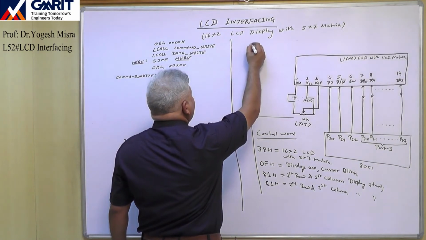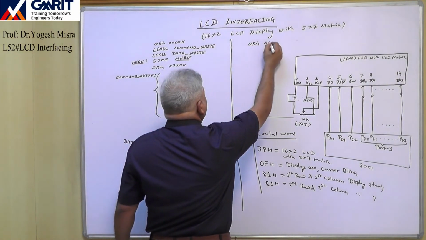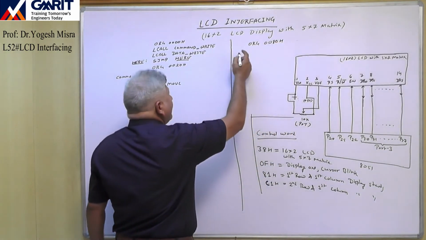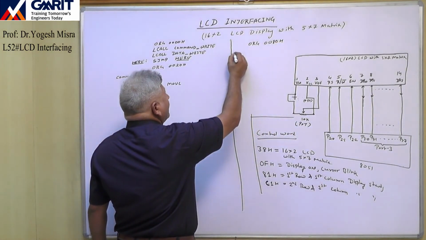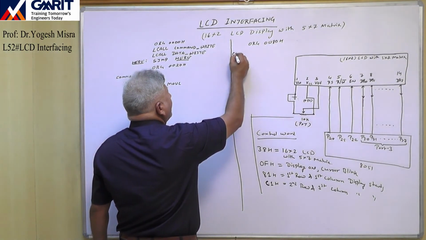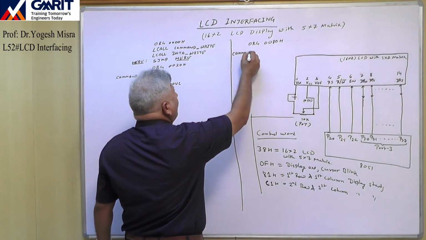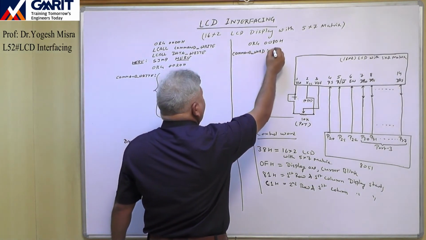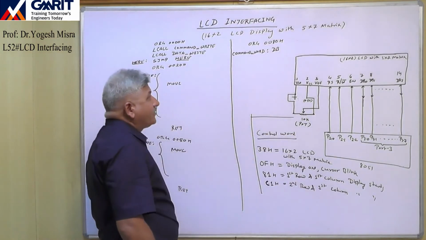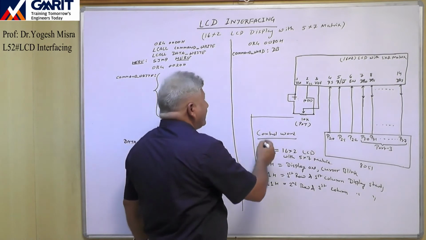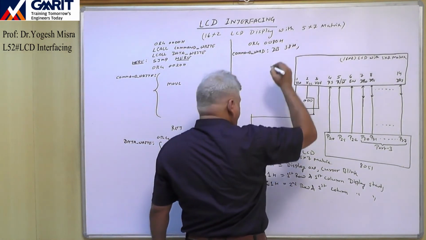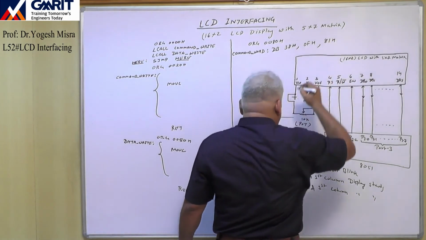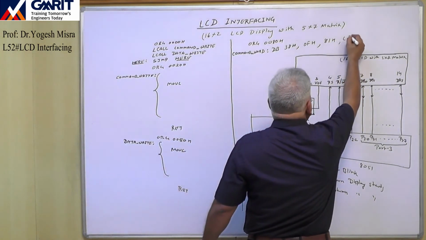So we will do the loading from org 0056780H, from here, and I will give the name command_word, and these are defined as bytes, and our command words are 38H, 0FH, 81H, C1H.